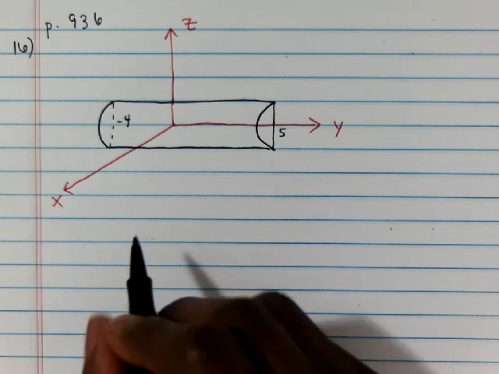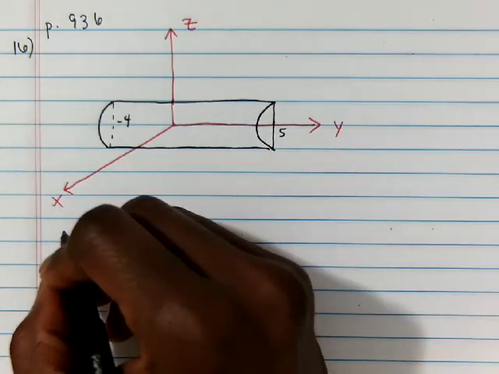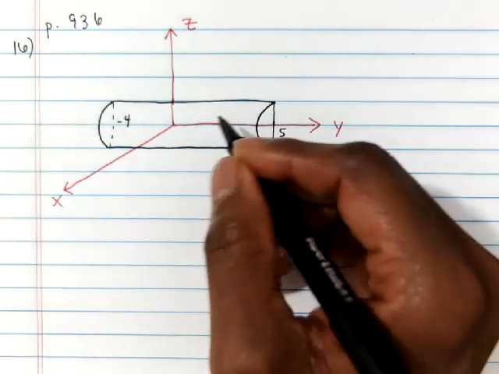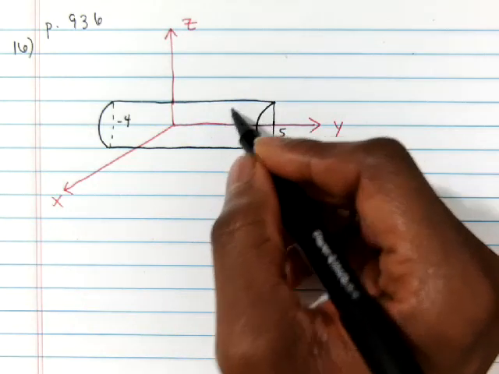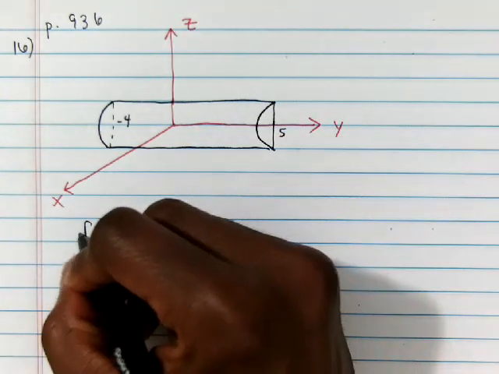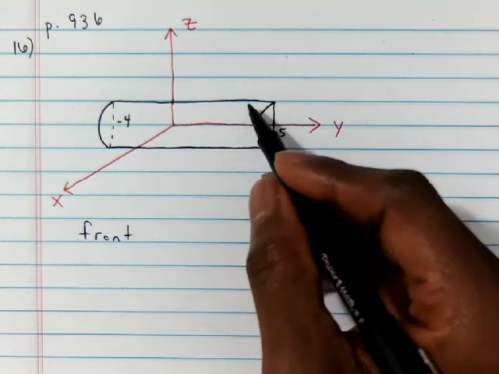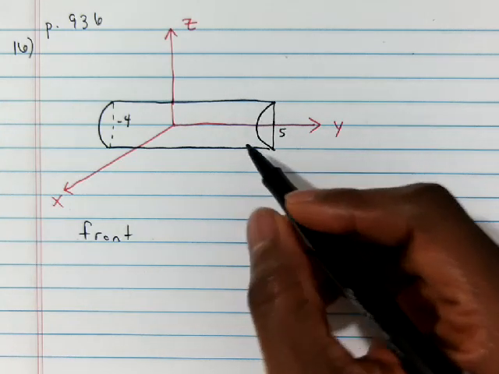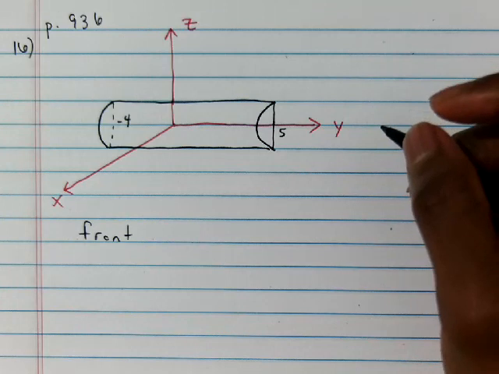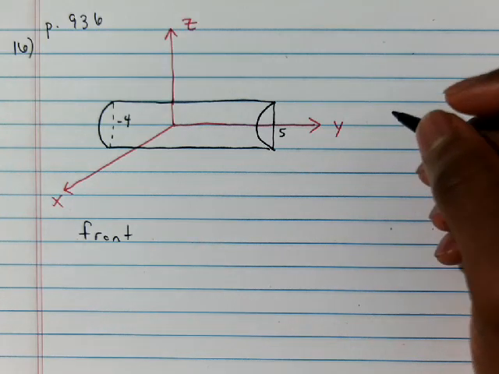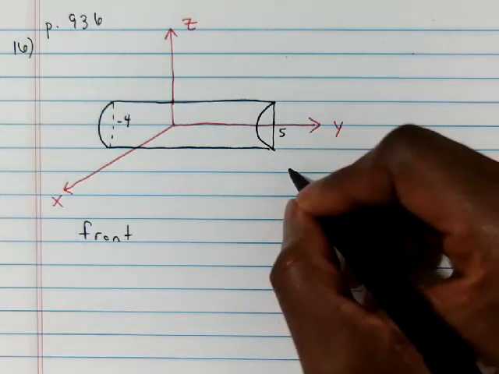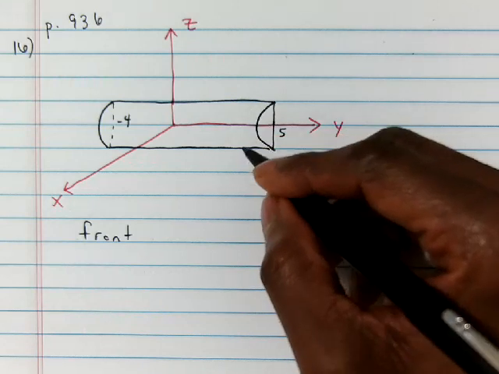Instead of top and bottom, we're looking at front and back. So front: the front of this thing, remember, has the equation x squared plus z squared equals 1. So we would solve for x in that scenario.